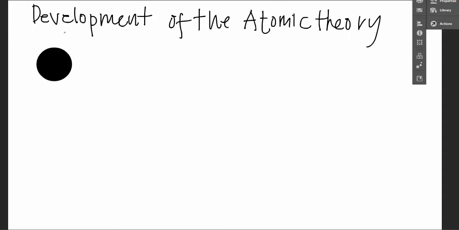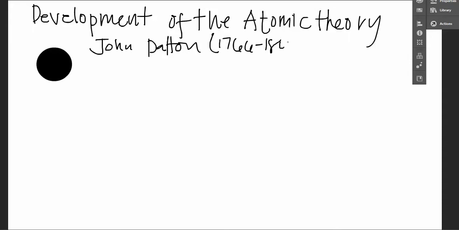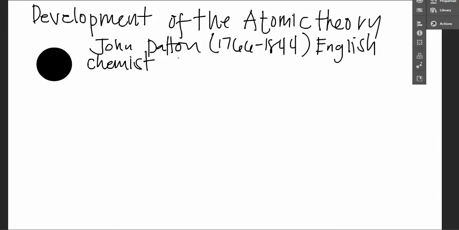So John Dalton, 1766 to 1844, an English chemist and physicist.